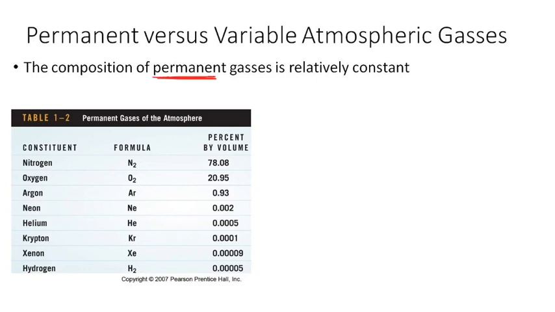Now, permanent means that they generally have the same composition at all locations, throughout the year. So I mentioned the 80-20. We have about 80% nitrogen, 20% oxygen, followed by almost just 1% argon, and then you can see it goes down from there. Now, these are our permanent gases in the atmosphere.